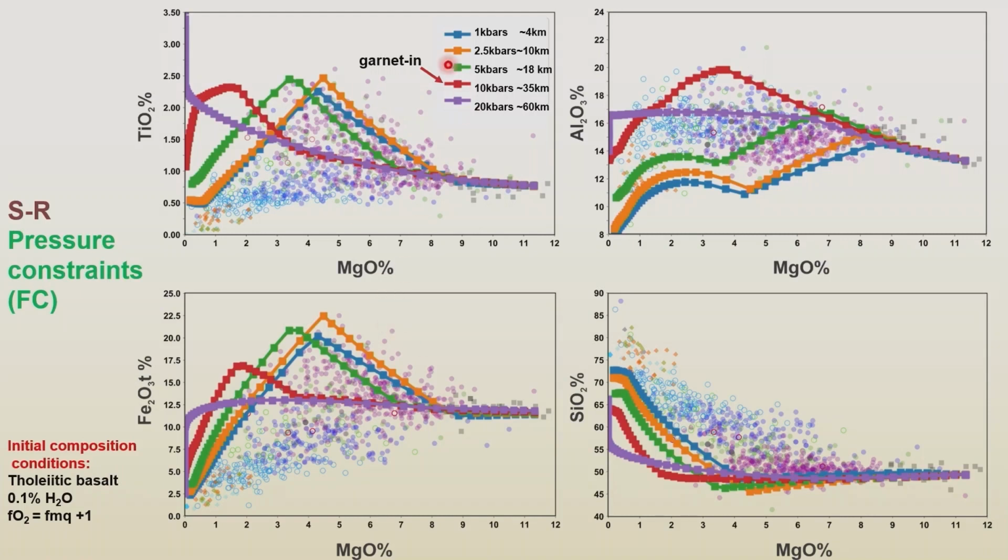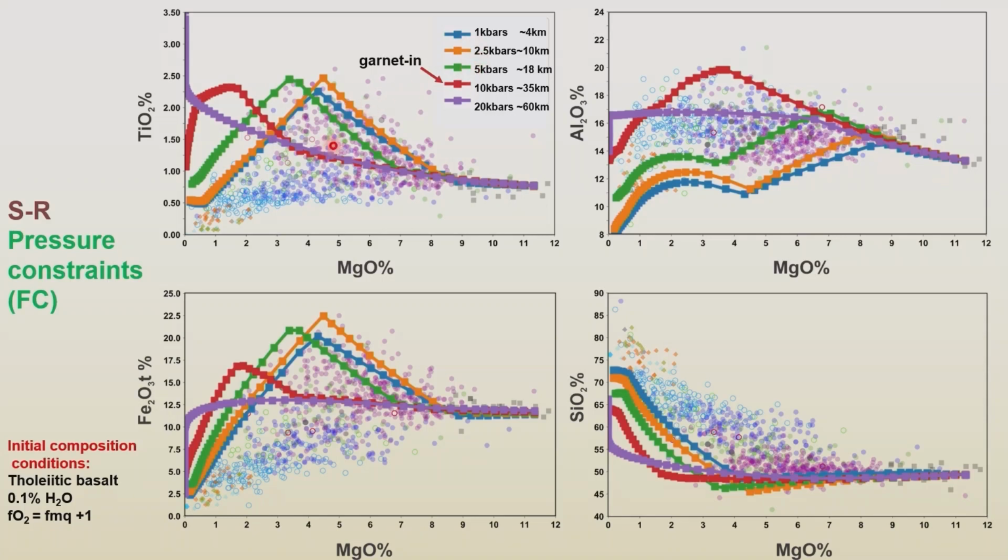We submitted them to different pressures, as you can see here, from 1 kilobar to 20 kilobars. You can see the estimated depth on the right. We can observe how these gains in iron and titanium are typically observed between 1 and 5 kilobars.